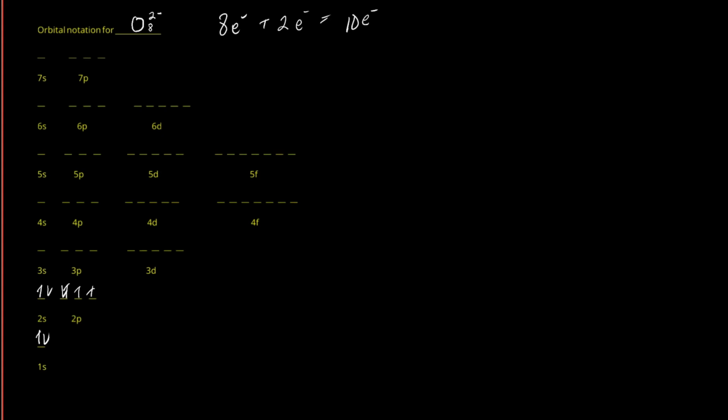I'm going to add 2 more, 9 and 10. So oxide is 1s2, 2s2, 2p6. So that gives me a total of 10 electrons.